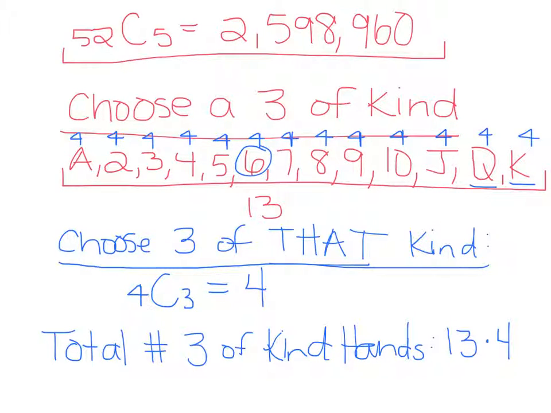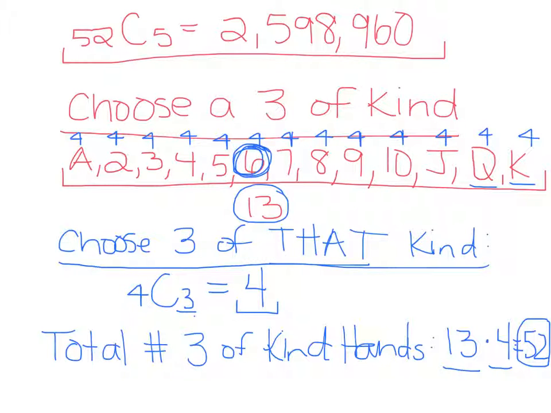I multiply 13, because there are 13 different numbers to choose from, and once I've chosen my number, for instance 6, we still have 4 combinations of 3, because we have 4 sixes in the deck and need to choose 3 of them, and there are 4 ways to do that. By the fundamental counting principle, there are 13 ways to choose a face value, and then 4 ways to take 3 of those cards. That gives me 52, so there are 52 different three-of-a-kind hands you can get from a standard deck of cards.